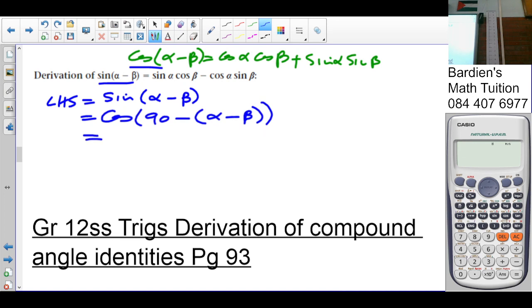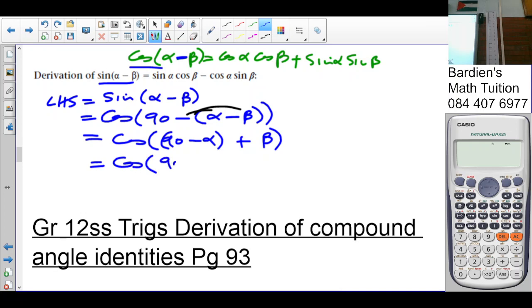So let's get rid of the inner bracket. I'm now going to give you cos of 90 minus alpha plus beta. But remember what we have here? We have the negative. So it's cos of 90 minus alpha minus minus beta. So what is in alpha's place? 90 minus alpha.